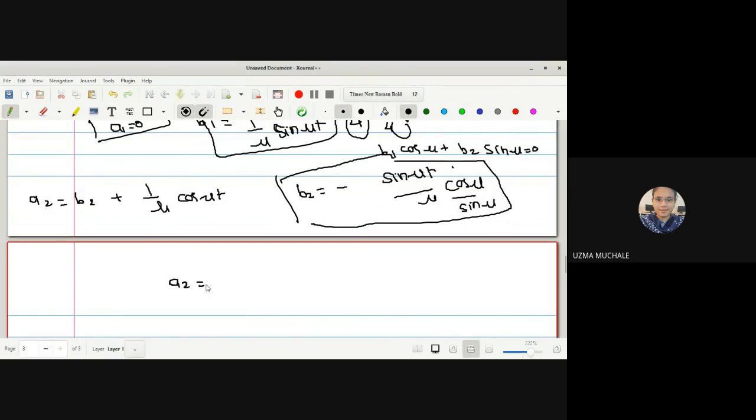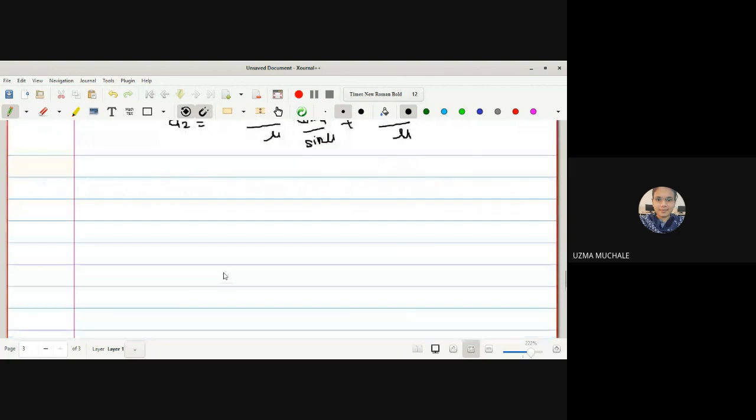Just put up the value of B2 here, minus sine mu t divided by mu, plus cos mu t divided by mu. And in this way, we have got the values of all the constants.